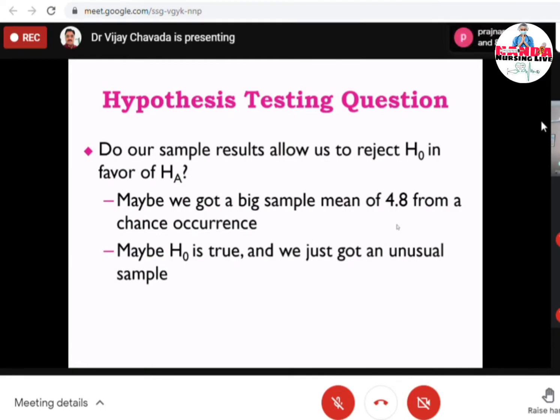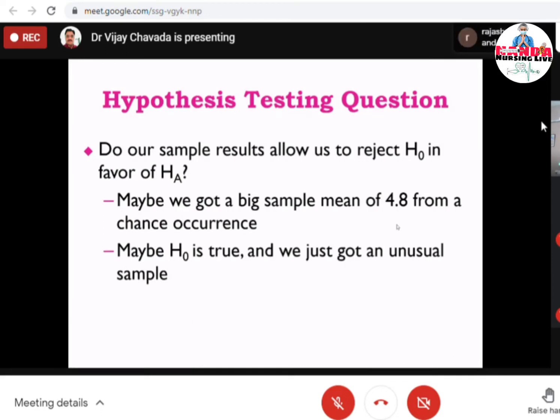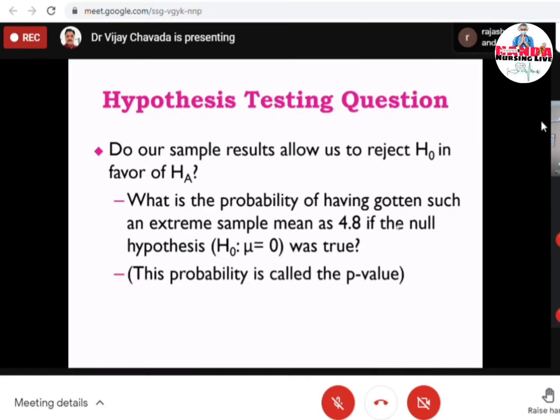Maybe we got a big sample mean from chance occurrence, and maybe H0 is true and we just got an unusual sample. Sometimes it happens. So what is the probability of such an extreme sample mean as 4.8 if the null hypothesis was true?